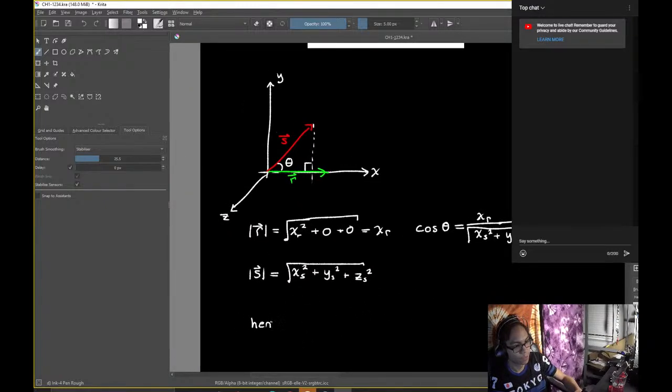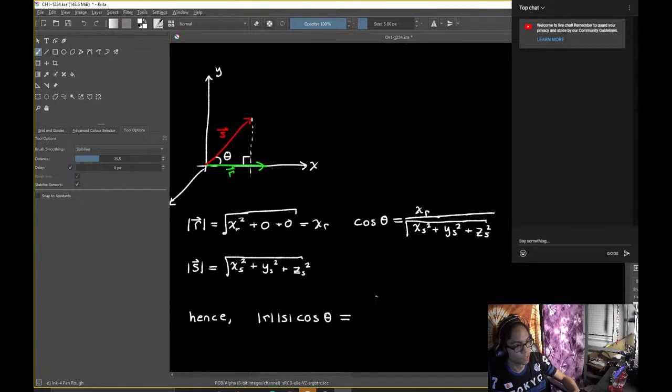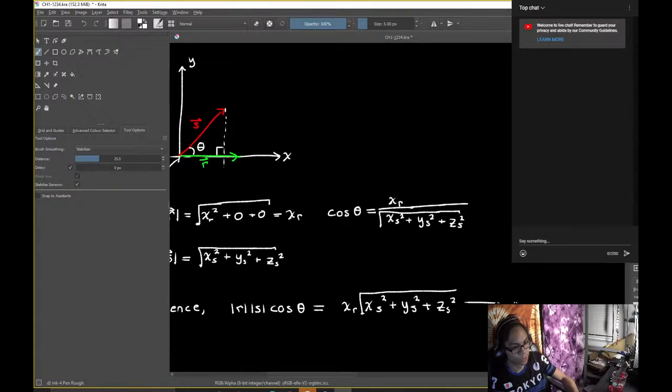I'll just say, hence, rs cosine theta is equal to this guy, xr of xs squared plus ys squared plus zs squared. Let's see if this works.